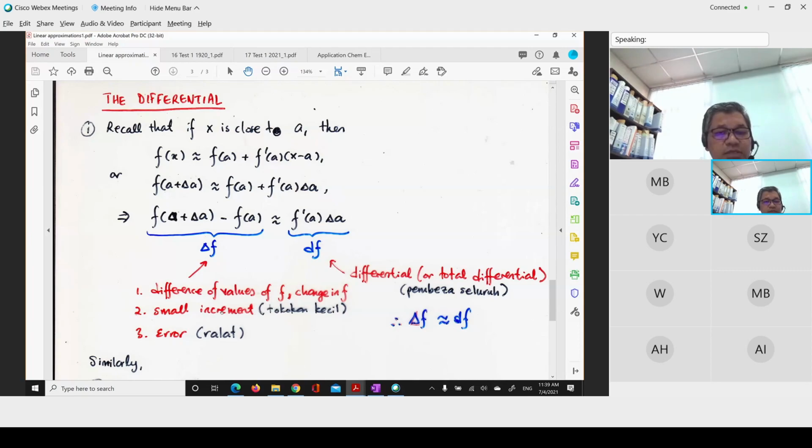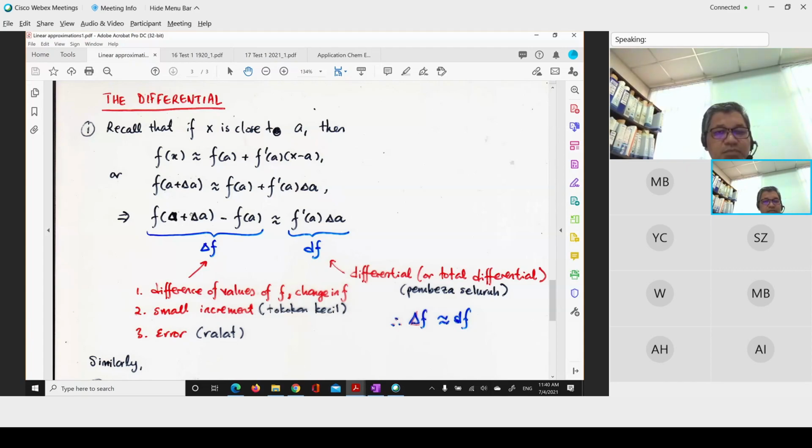Delta may also mean small increment, or it may also mean error. The left expression, the difference, is denoted by this delta F, a triangle symbol here, to represent this difference.